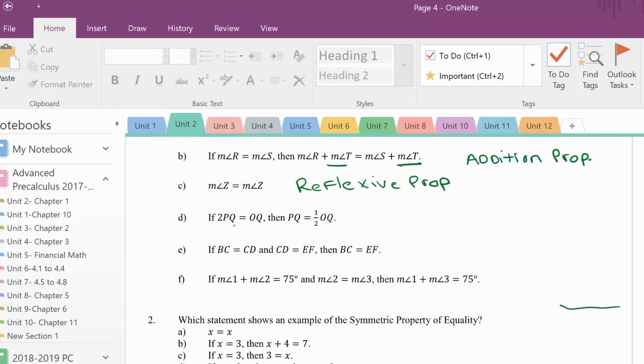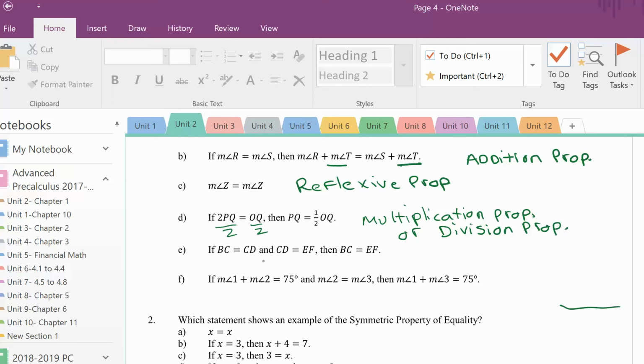If 2 times PQ is equal to OQ, then PQ is equal to half of OQ. Notice what they did here is they divided by 2, or you could say they multiplied by 1/2. So you could do either the multiplication property or the division property, either one, because remember when you divide by 2, it's the same as multiplying by 1/2.